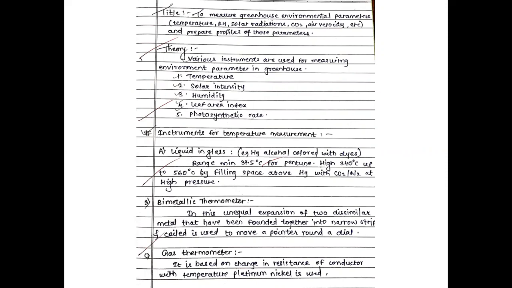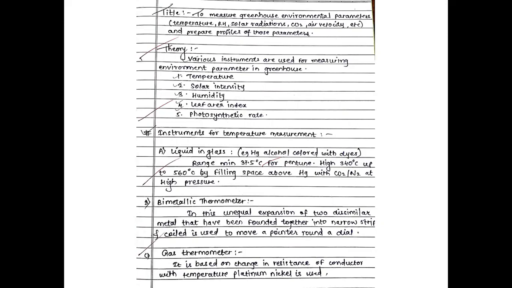Instruments for temperature measurement. First is liquid in glass. Example, alcohol colored with dyes, or Hg. The range is minimum 37.5 degrees Celsius for pentane, and high 340 degrees Celsius up to 560 degrees Celsius by filling the space above the Hg, that is mercury, with CO2 or N2 at high pressure.